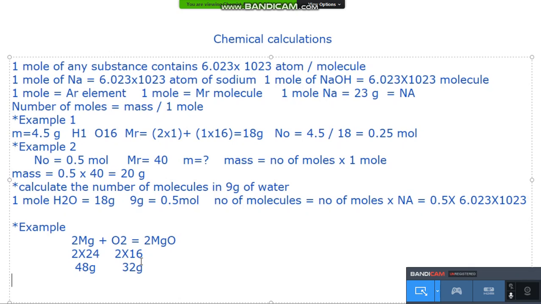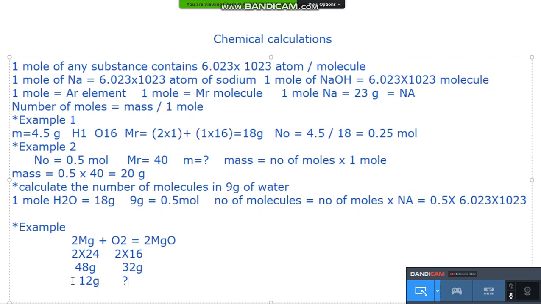So the question is, what will be the amount of oxygen needed to react with 12 grams only of magnesium? We want to calculate the amount of oxygen needed to react with 12 grams of magnesium.